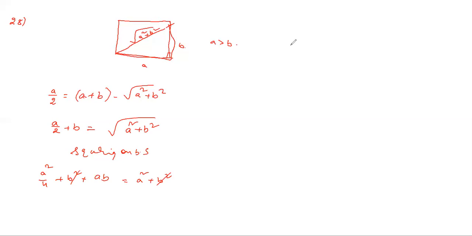A square minus A square by 4 is 3A square by 4 equals AB. Here A you can cancel. So we have to find B by A. So B by A is 3 by 4. What is the ratio? Shorter side to longer side, we have to find the ratio. So 3 is to 4. Okay, understand?